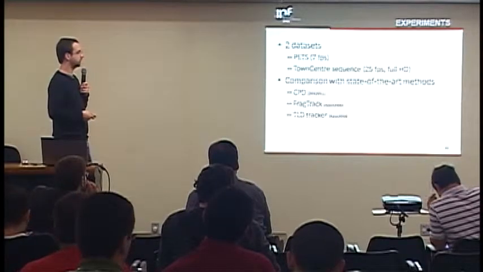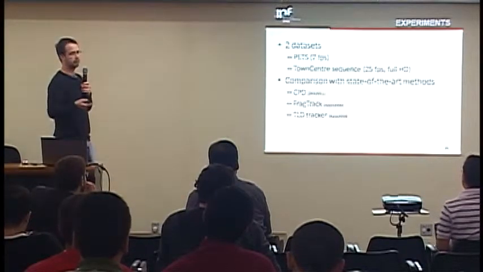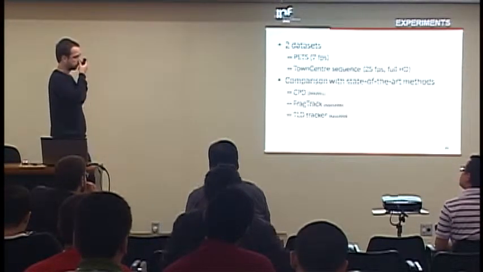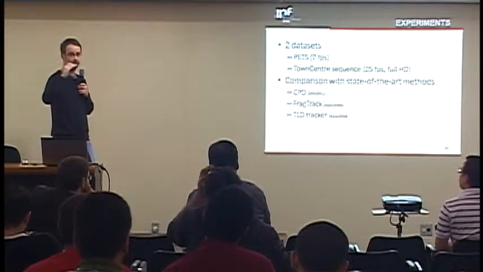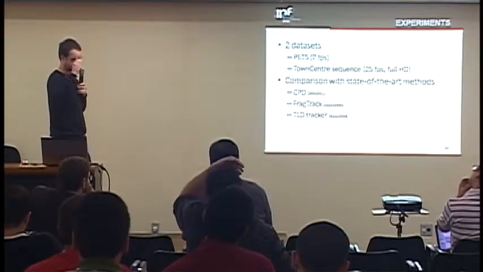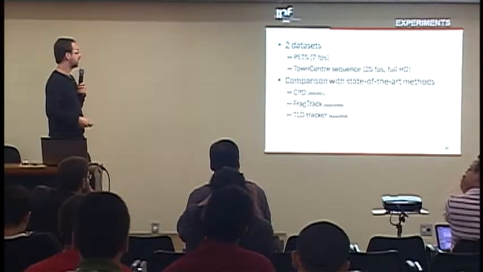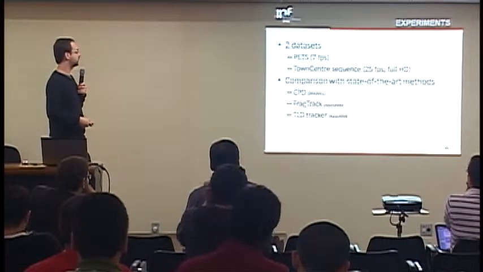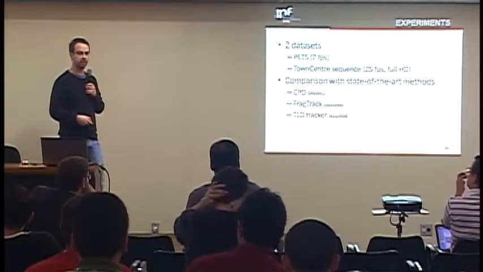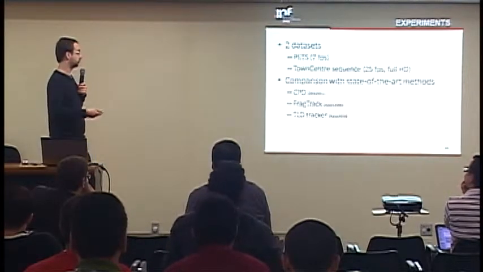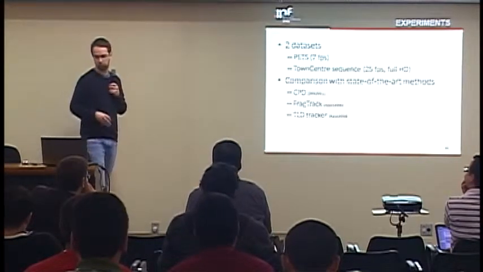FragTrack is a known method, also based on fragments, so it also divides the target into several regions. And the last one is the TLD tracker, also known as Predator tracking, which is a new method. It's tracking by detection.